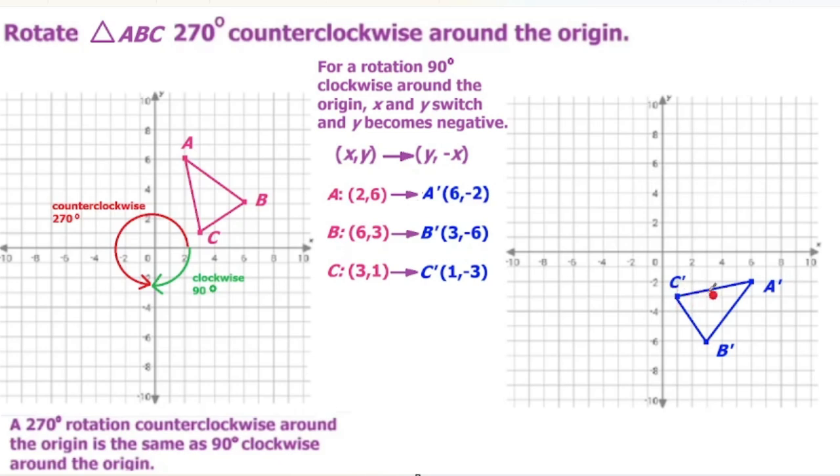So C prime is at 1, -3, right? So now we can plot our other triangle here just to see how it looks rotated 90 degrees. So you could see it's been rotated from here to here, from here to here, and from here to here, okay? And that's all there is to that problem.